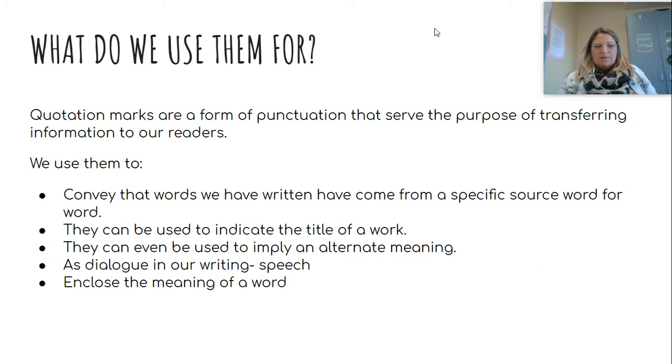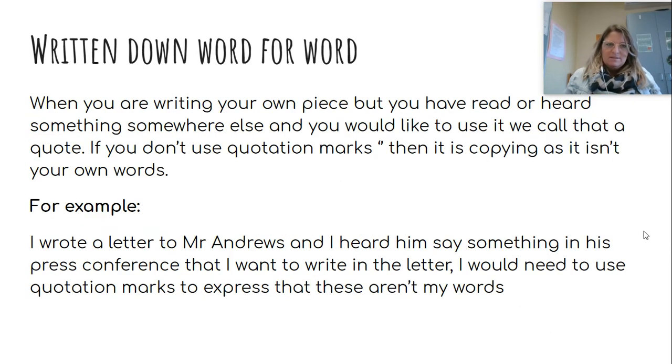You can also use them as dialogue in our writing or speech, most of you will do, and enclose the meaning of a word. Okay, when I talk about some of these, giving you an example is a much easier form of explaining them. So I've got examples along the way. I'm going to dive into each of these in more detail, and then you're going to do an activity at the end that will fit with every one of these.